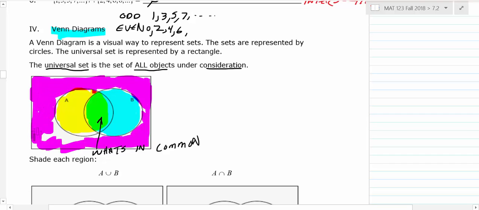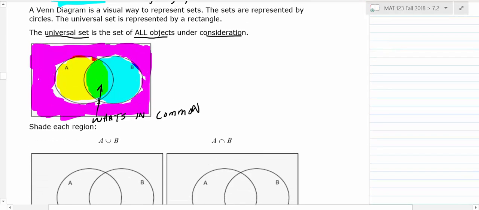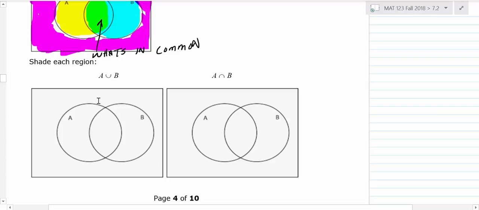So the yellow is what's in A, and that includes that football shape there. The blue is what's in B. The green is what's in both A and B. And the purple is not in either of those two sets. So we're going to learn how to do some shaded regions, to begin with.